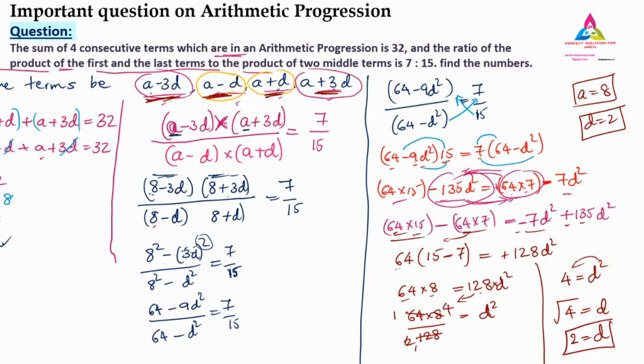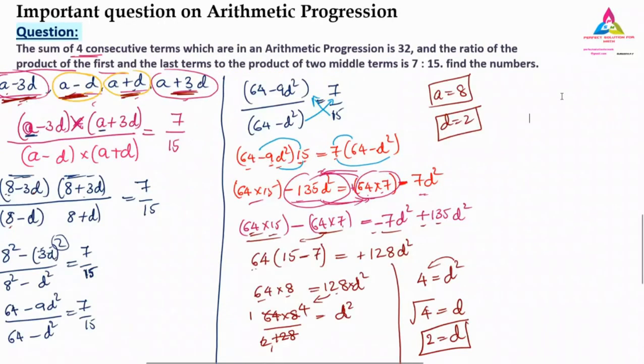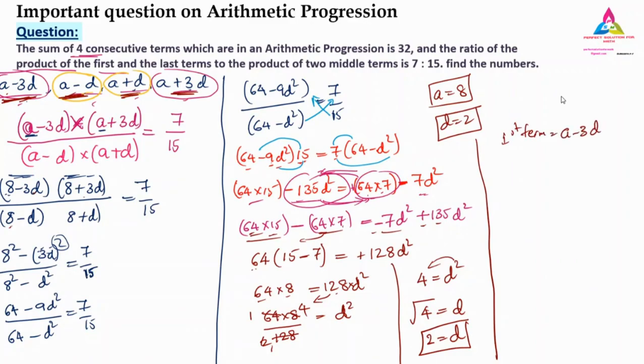That 4 terms we have to find at the end, and that is your final answer. Let us find those values also. So finally we have to find the 4 terms. The first term, what is the first term? That we have taken as a minus 3d. Substitute the values. A value is how much? 8. 8 minus 3 into the d value, which is 2. 8 minus 3 twos are 6. 8 minus 6 is 2.